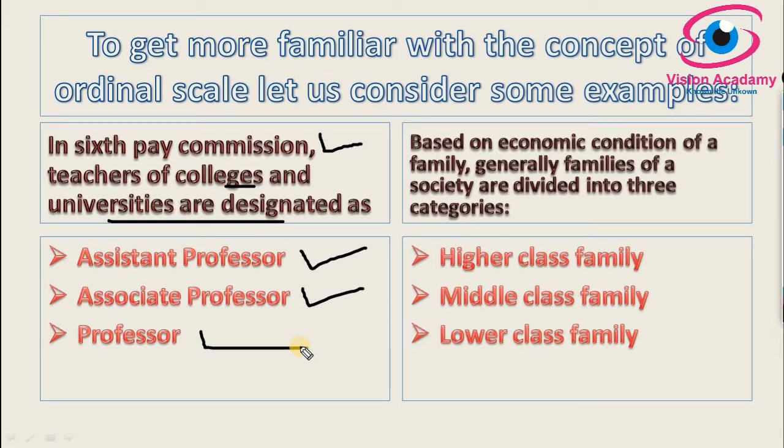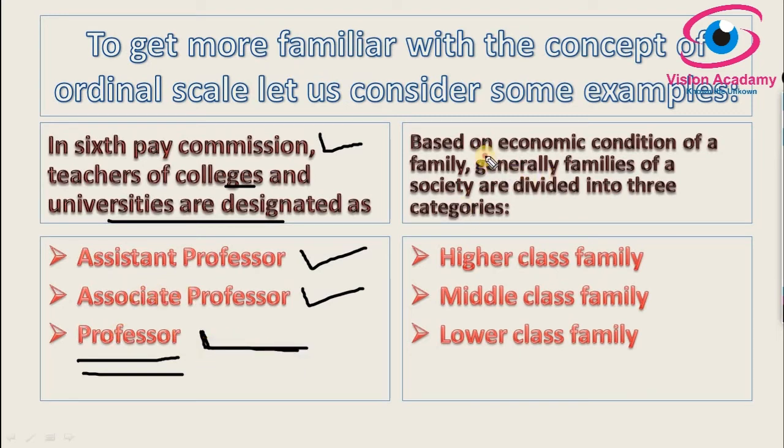But you cannot find the actual difference between them, because these designations are given based on the number of years served, achievements made, and so many things. You cannot give the actual difference between these designations.